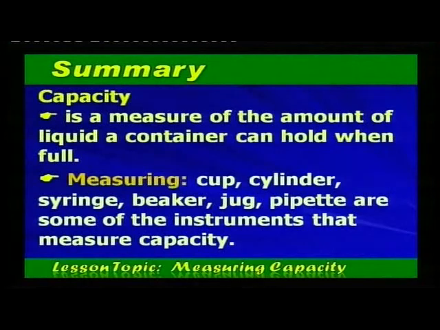Our summary for today is: capacity is a measure of the amount of liquid a container can hold when full. We used instruments that measure capacity: measuring cup, cylinder, syringe, beaker, jug, pipette, and there are some more instruments that we didn't name.